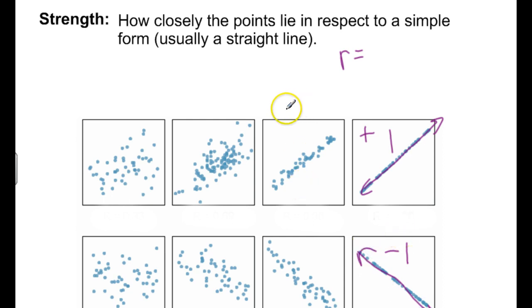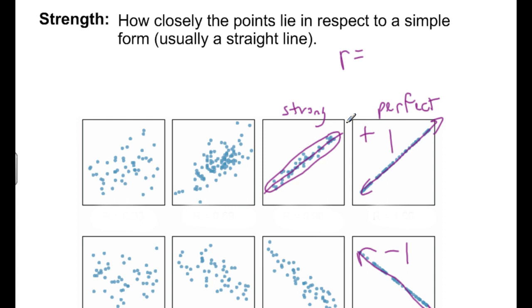Now these are both strong. These are perfect, literally. Both of these are still pretty strong. And if I were to fit a line or put an ellipse around that, you can see the trend of the data. It's definitely linear.